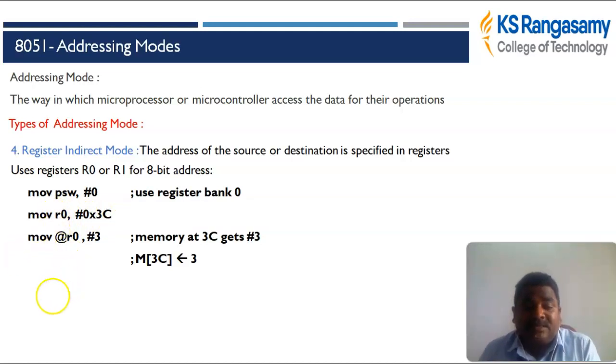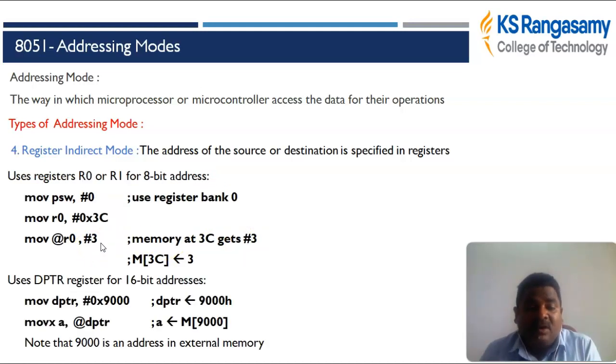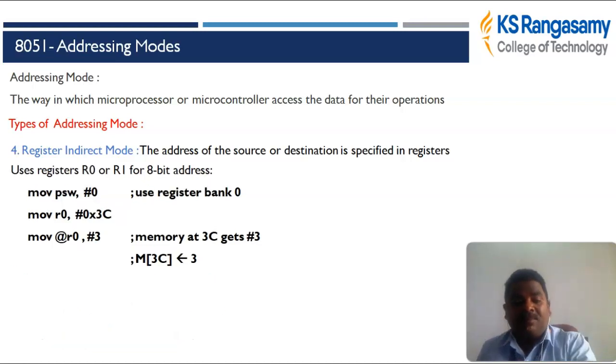Here the next instruction, MOV @R0, #3. See here, MOV, there is a special character @ before R0, comma, #3. Here the operation of this instruction: memory at 3C gets the value 3. So here 3 is a value that will be copied using the address in R0.